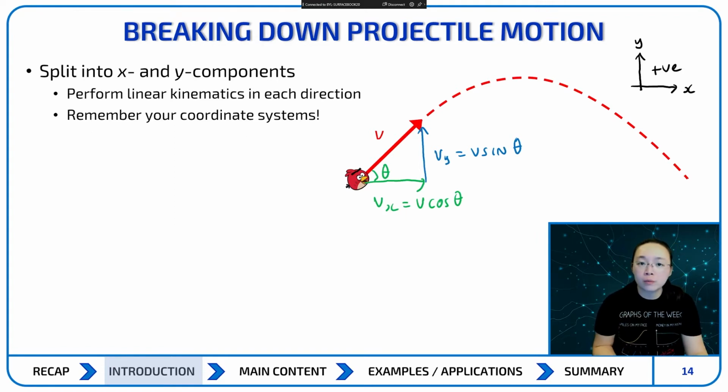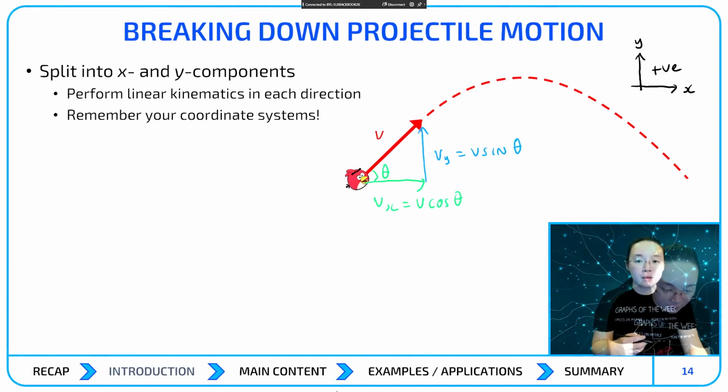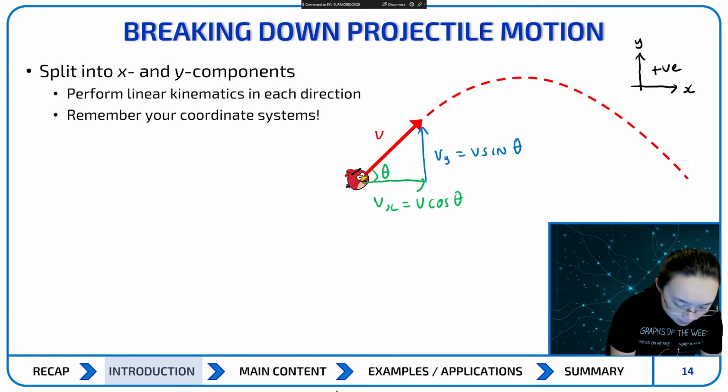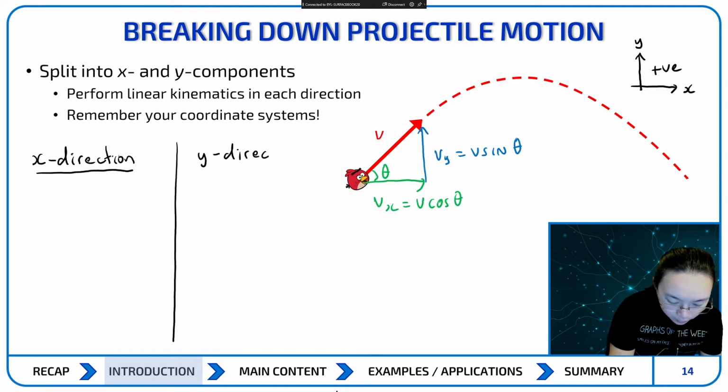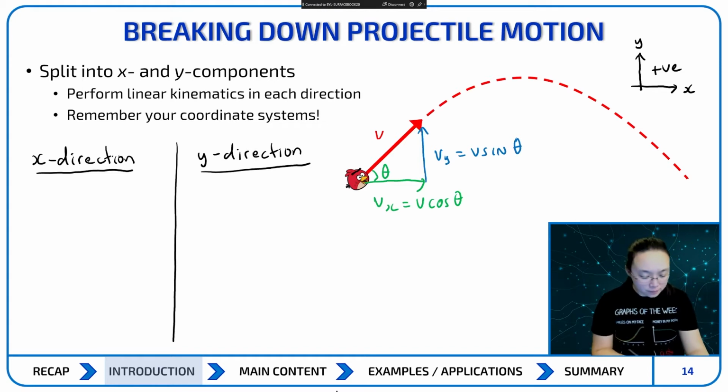In terms of applying the kinematics equations, you'll have to be able to split them up into the x and y direction. So we break it down in the x direction, and we break it down into the y direction.